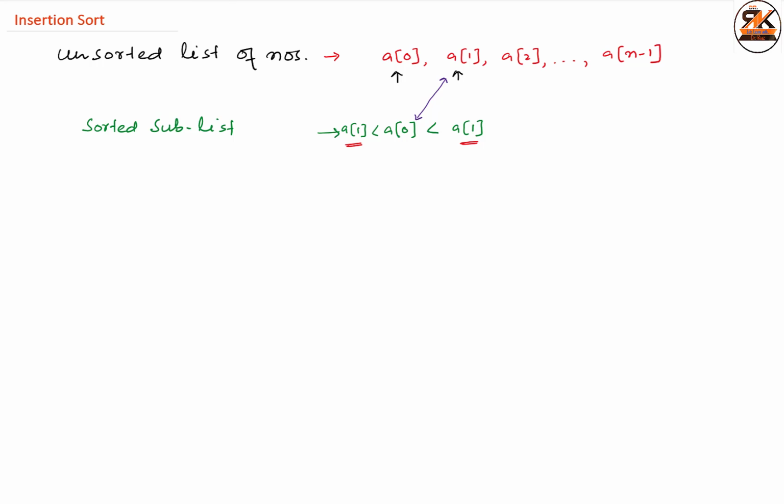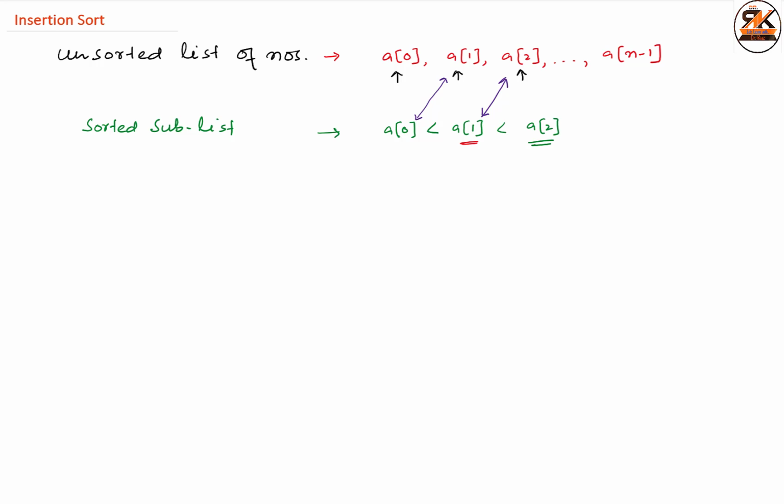Okay, suppose we see that A1 is greater than A0, then we will place it on the right side, and we will remove the element which we had placed on the left side. Then this algorithm picks up the next element out of the unsorted list, and this A2 element is compared with A1. If A2 is greater than A1, then A2 will be placed at this place.